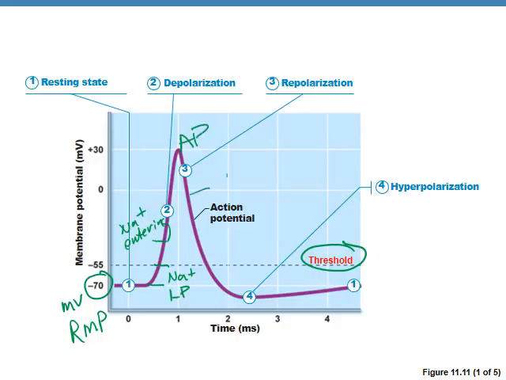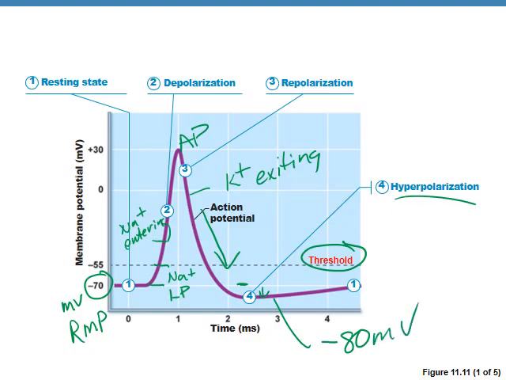On this side, we have the potassium exiting and bringing the neuron back to the resting membrane potential. This is a good example of hyperpolarization. This is the negative 70 line. You can see that for a brief period of time the neuron dips below the negative 70 resting membrane potential to, say, negative 80 millivolts.